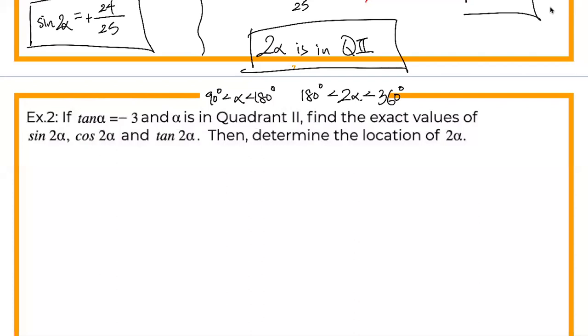Okay. Let's make a similar chart here to look at the signs of sine and cosine. So we know that sine is positive, cosine is positive, tangent is positive in the first quadrant. We know that sine is positive, cosine is negative, and tangent is negative in the second quadrant. What is sine in the third quadrant?